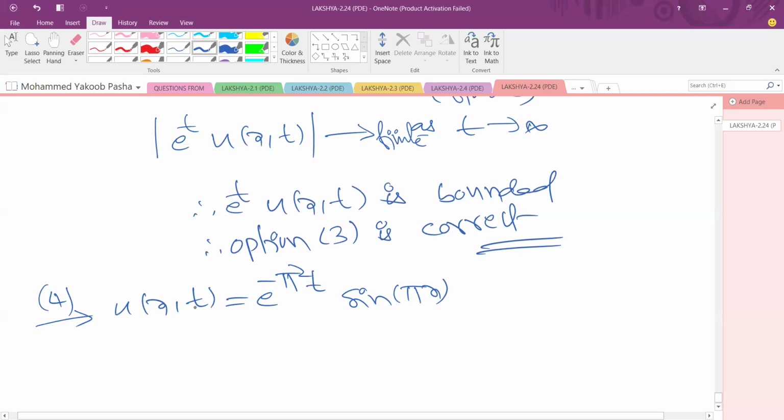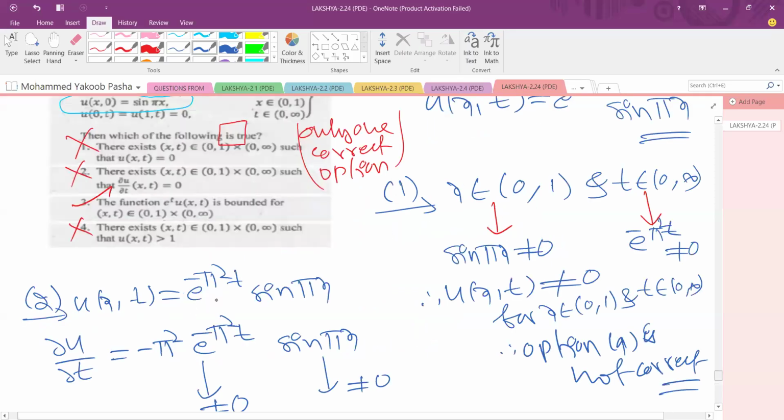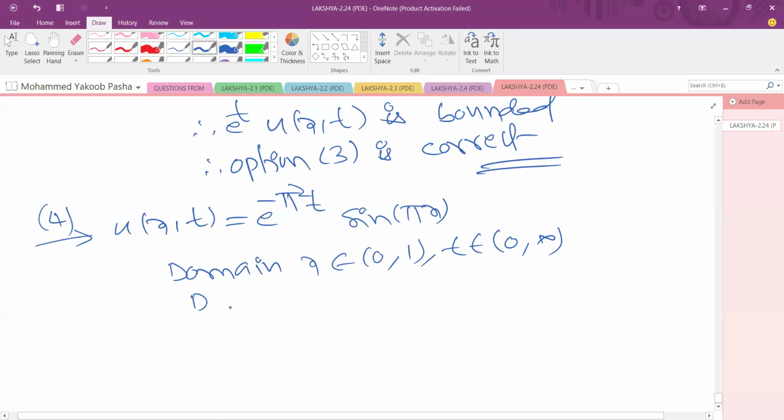The domain of x is 0 comma 1. And t belongs to what? The interval given here is 0 comma infinity. In this interval, first I take the sin pi x value.